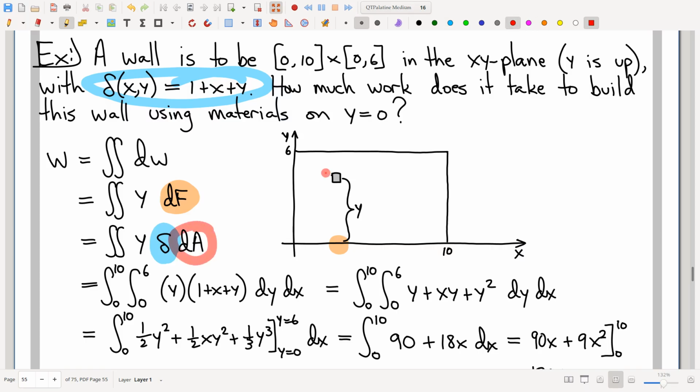In other words, what's the area of that little spot in the wall? Right? And so again, presumably that's how this density function came to us. This is weight, not mass, weight, right? Force, pounds, per unit area of wall.